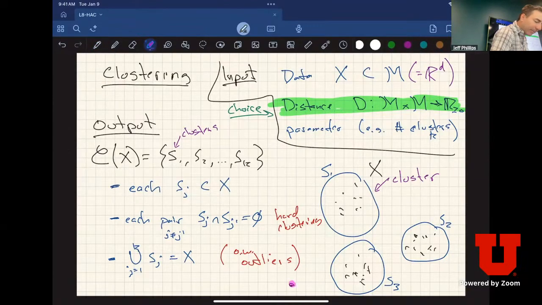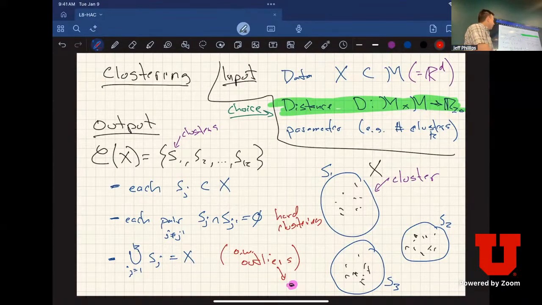And so then I'm not going to assign this one into any of the clusters. So maybe you can do that. Some algorithms are useful for identifying outliers, and we'll talk about outliers later on in the semester after fall break.